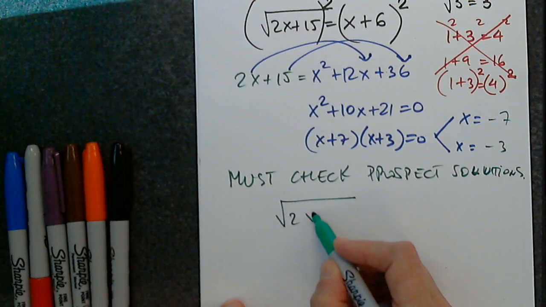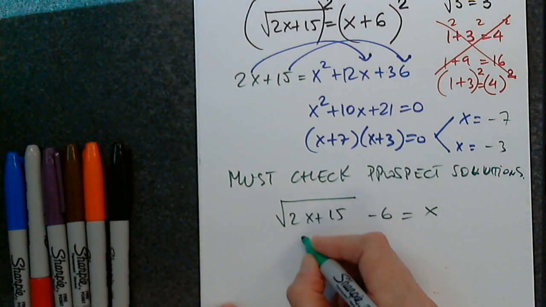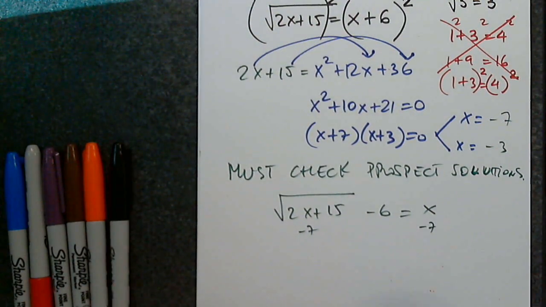I copy it here: the square root of 2x plus 15 minus 6 equals x. And I replace x by negative 7 and see what I get. Let's do this together. 2 times negative 7 is negative 14. Negative 14 plus 15 is 1. The square root of 1 is 1. 1 minus 6 is negative 5.